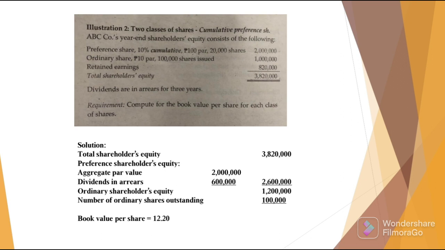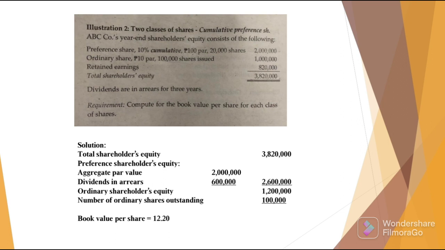So, 2 million plus 600,000 is 2,600,000. Ililess siya sa 3,820,000 and the answer would be 1,220,000 at yon ay magiging ordinary shareholders' equity divided by number of ordinary shares outstanding na 100,000 and the answer would be 12.20 na book value per share sa ordinary shares.